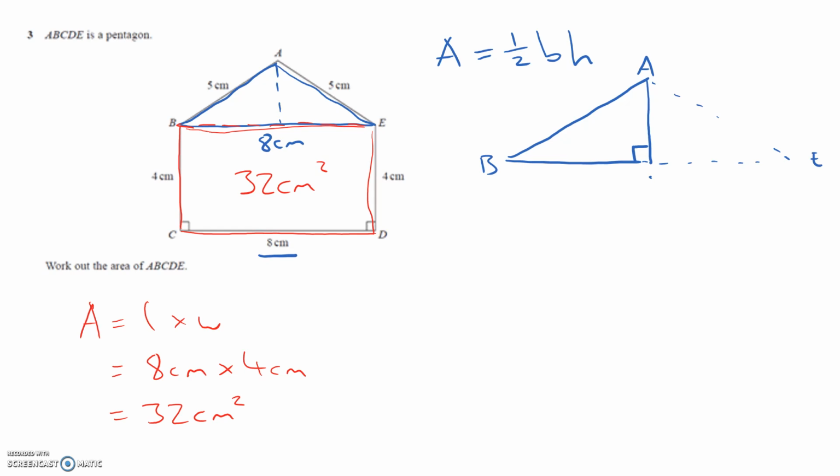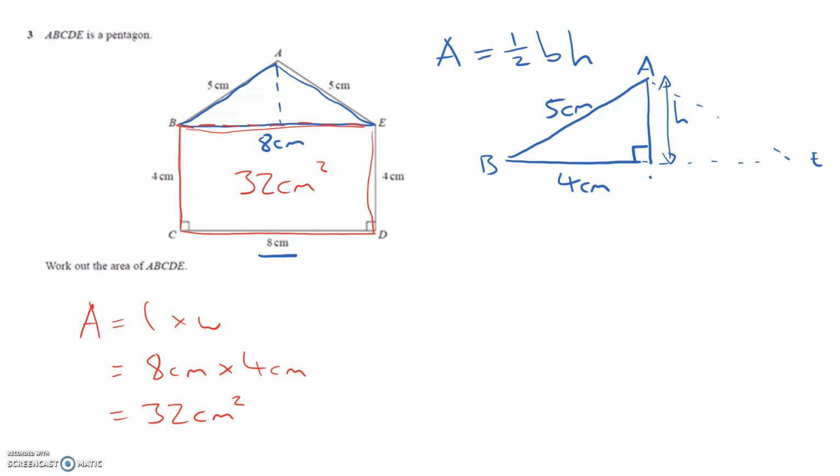The line BE we know is 8 centimetres, therefore B to this midpoint must be 4 centimetres, half of 8 centimetres. So we know that's 4 centimetres, and we know the hypotenuse is 5 centimetres. So we need to work out this height.